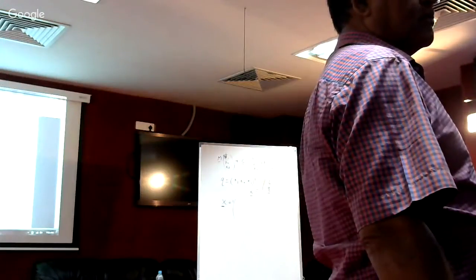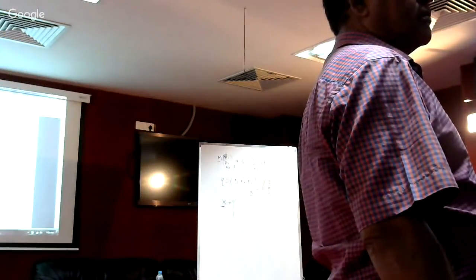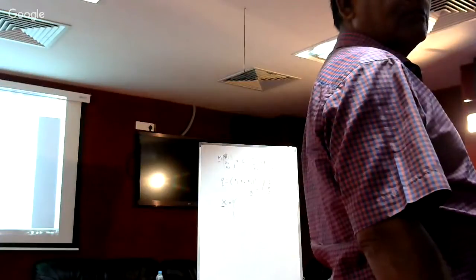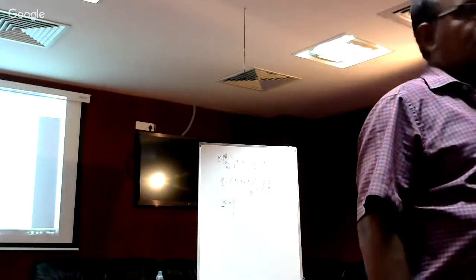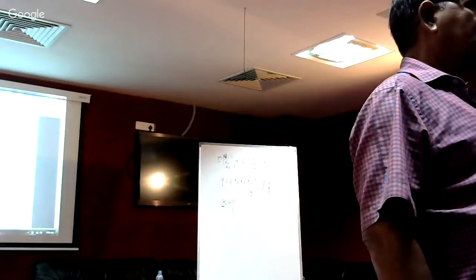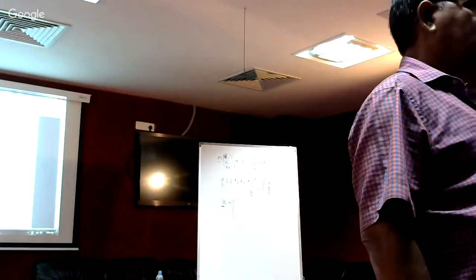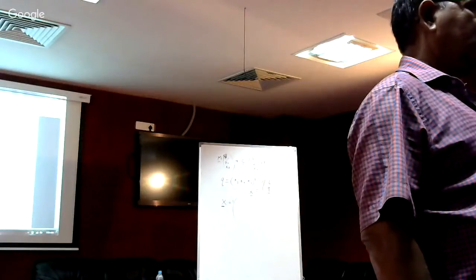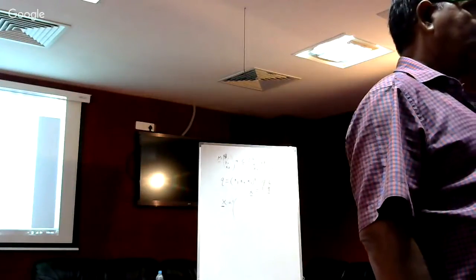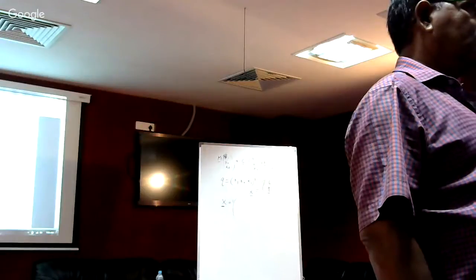You have M, have K. This is 3 by 1. This is 3 by 3. This is 3 by 3. So you construct this matrix. Yeah. You can directly do it.